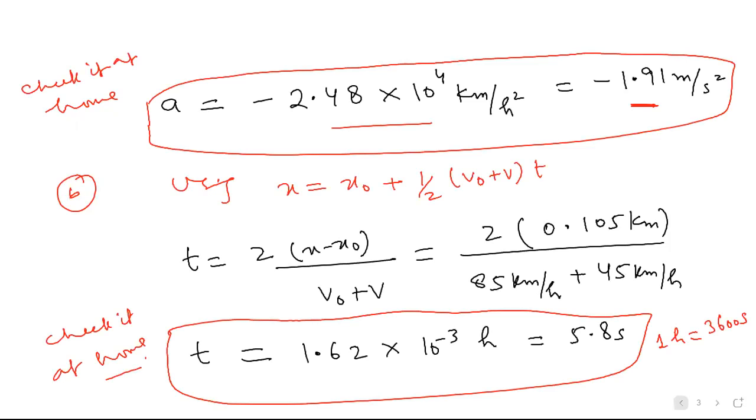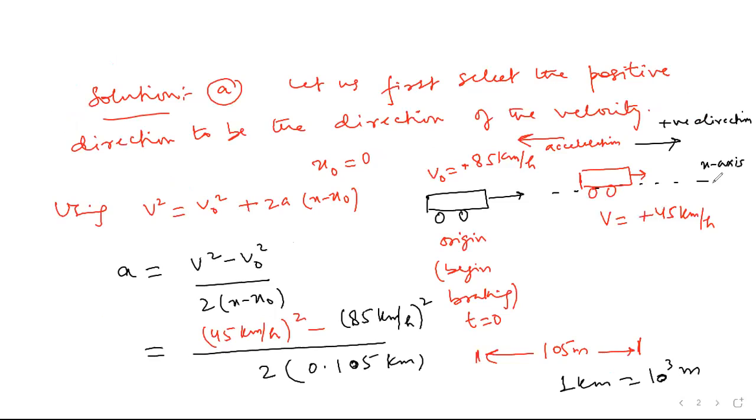Let me first modify my figure. The question says if I continue braking, maybe here, this car comes to rest. This is at rest. So its speed there is 0.